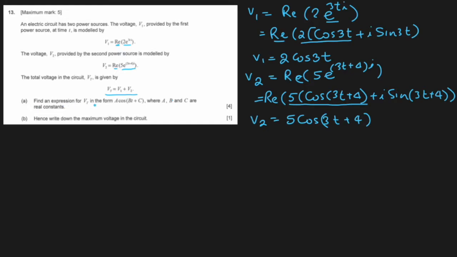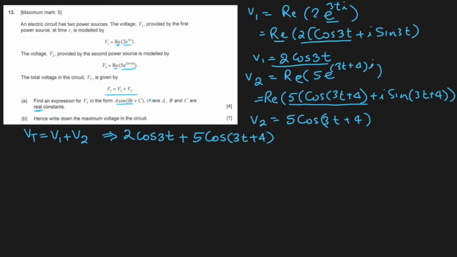Find the expression for Vt in the form of this one, where A, B, C are real constants. So real means we can have decimals as well. Okay. So Vt equal to V1 plus V2. Now we got V1 as 2 cos 3t, and V2 is 5 cos 3t plus 4.